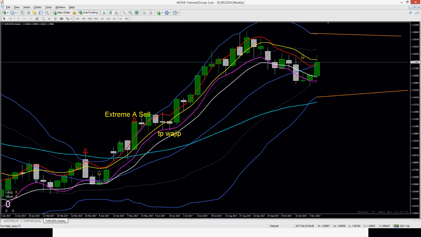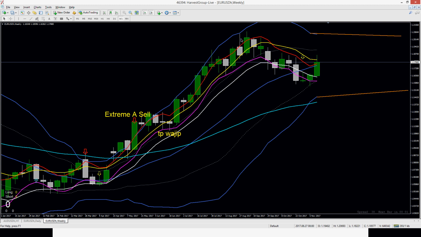You need to remember that every first candlestick momentum will create a re-entry. However, what we have here is extreme A sell. You have TP Wajib. The price has gone up. However, there hasn't been any candlestick momentum so far. So there's a big indication of the market slowing down, and it doesn't have any more momentum to go up.